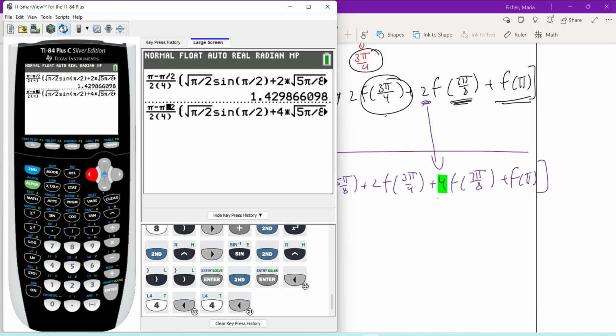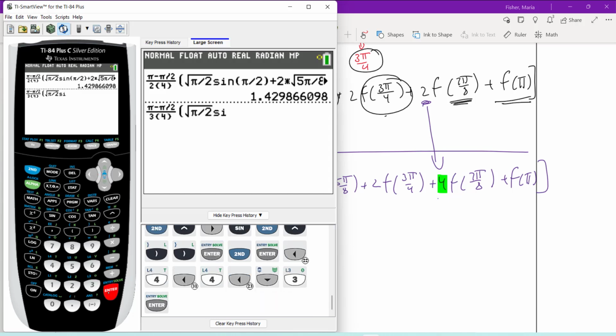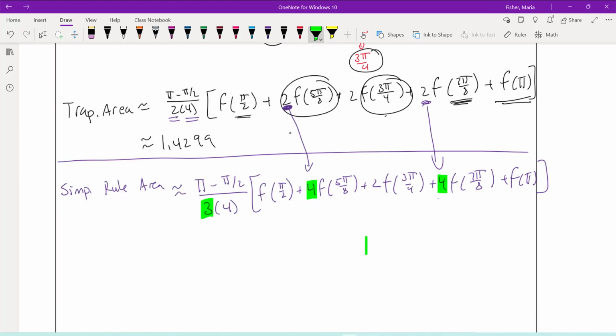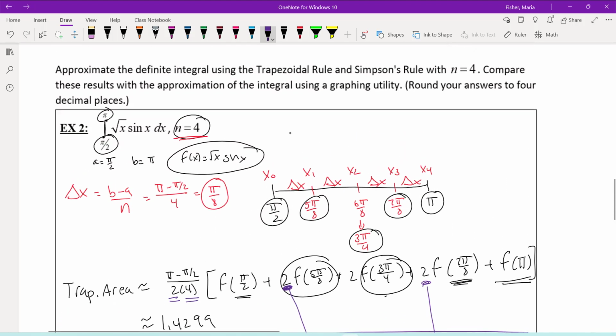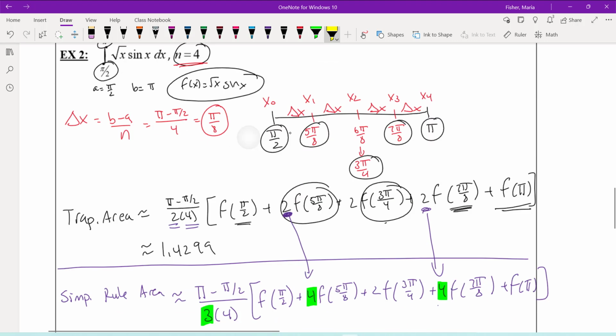And then making this number down here a 3. You hit enter, and to 4 decimal places you have 1.4583. So this is approximately 1.4583. Let's see what the graphing calculator says the actual answer would be.